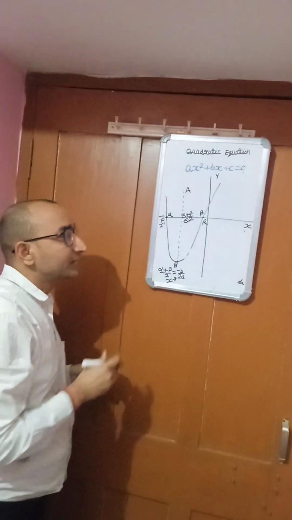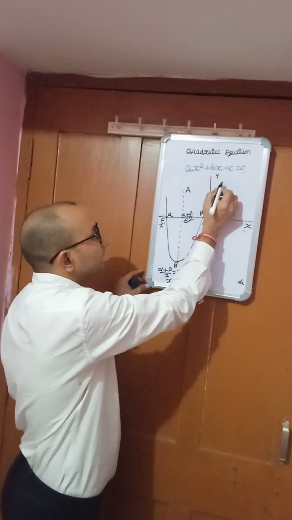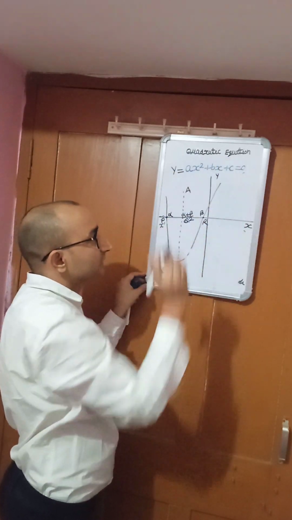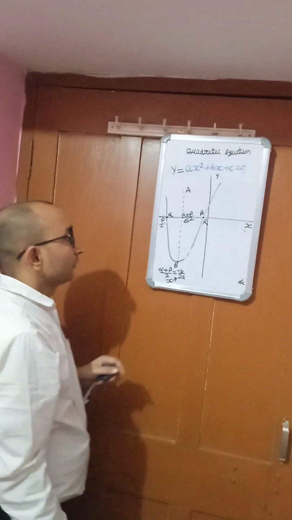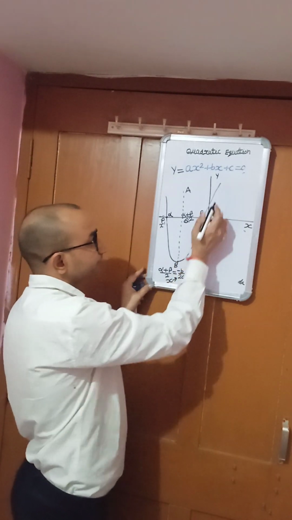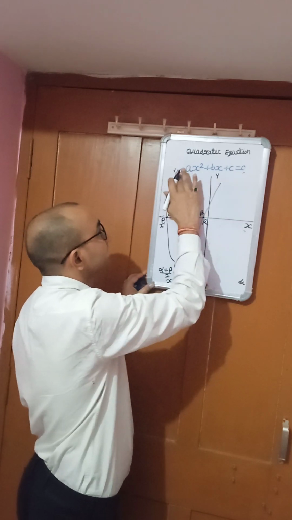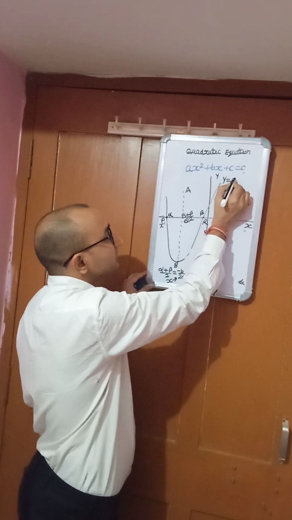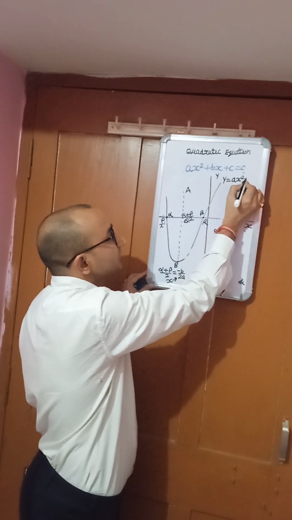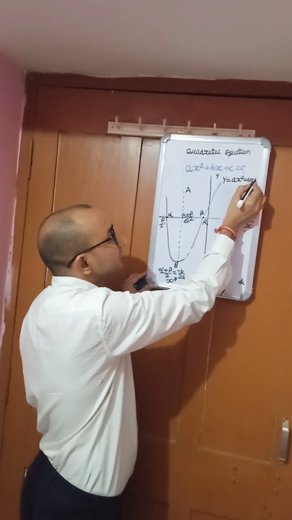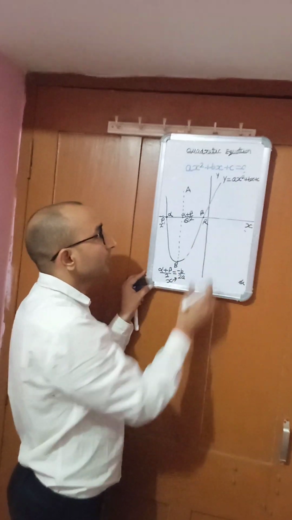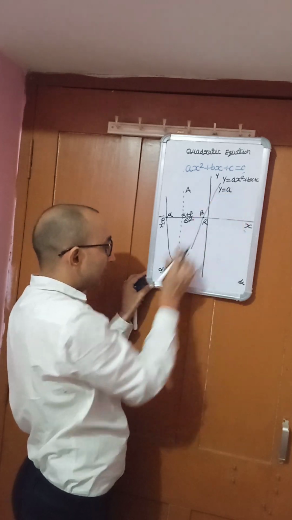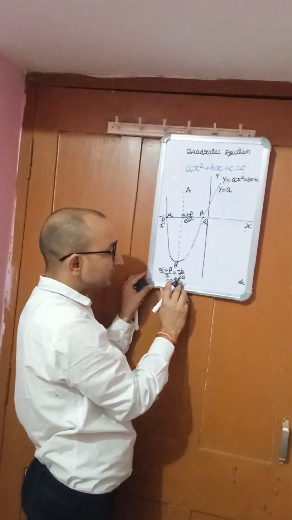So to find the value of the y coordinate, write it as y equals ax square plus bx plus c. Here x is minus b by 2a.